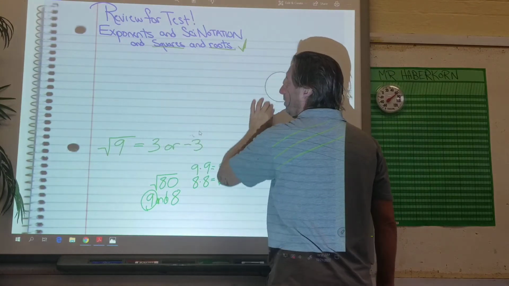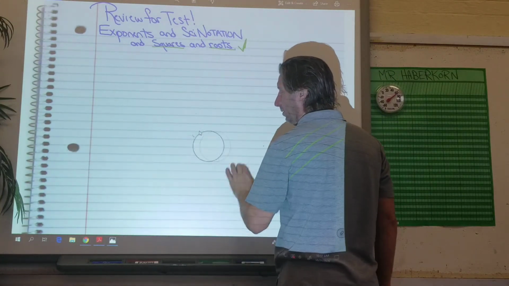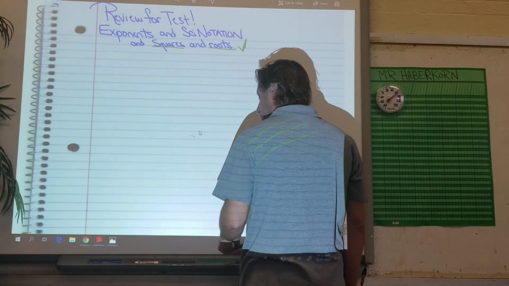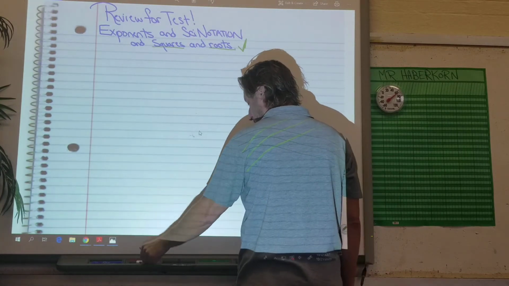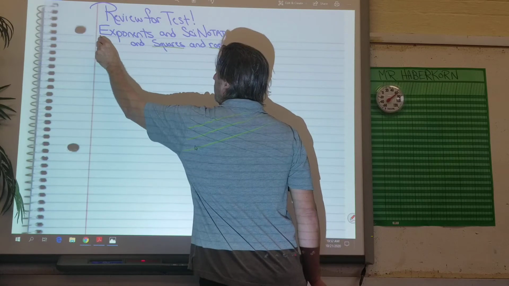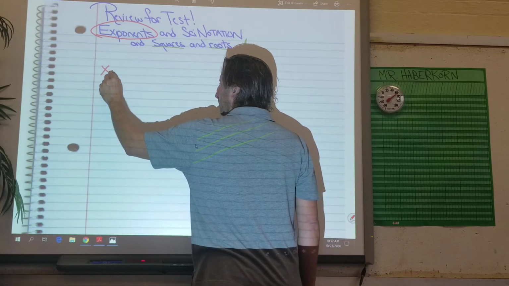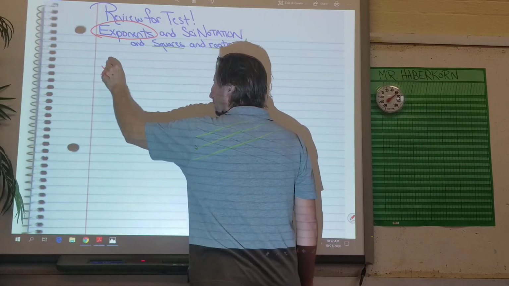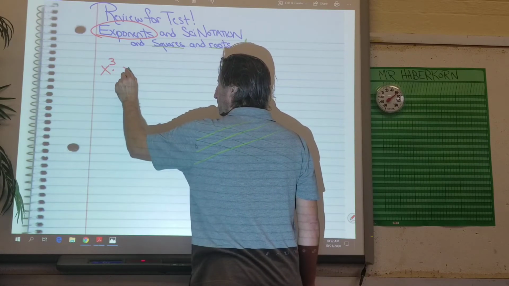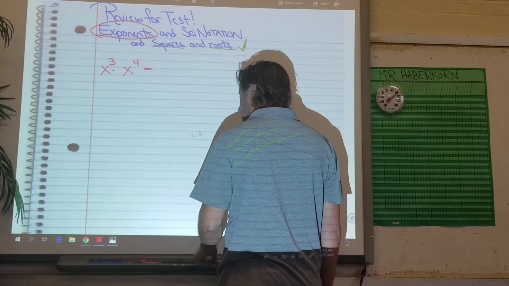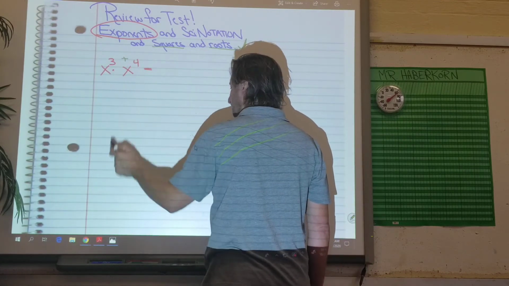And then we talked about exponents and rules of exponents, right? So, put this in red. And some things we know. When you multiply exponents, you actually add them, right?